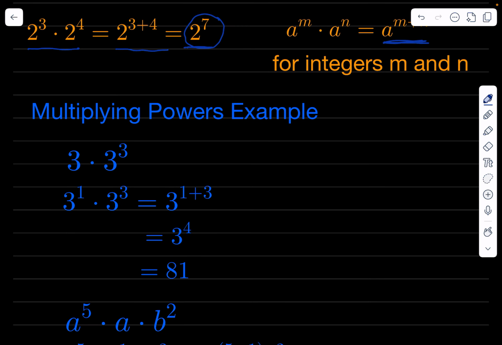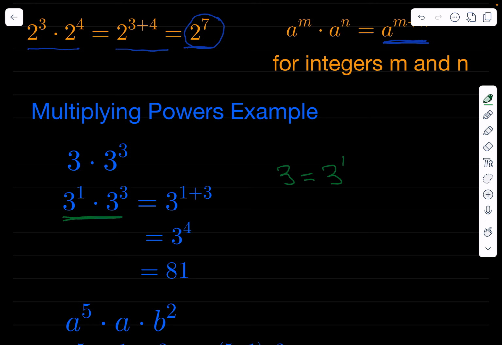We've got 3 times 3 to the third. Now, this 3, go off to the side here for a second and talk about invisible math. That 3 is the same thing as 3 to the 1. We just don't write the 1 there. But for bookkeeping, we're going to do that right here.